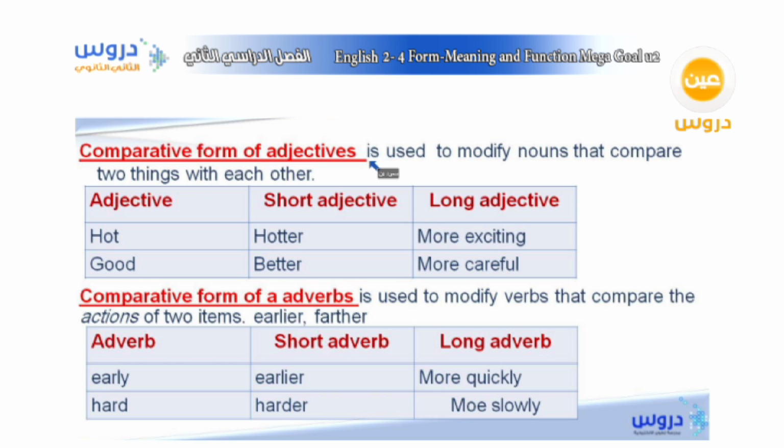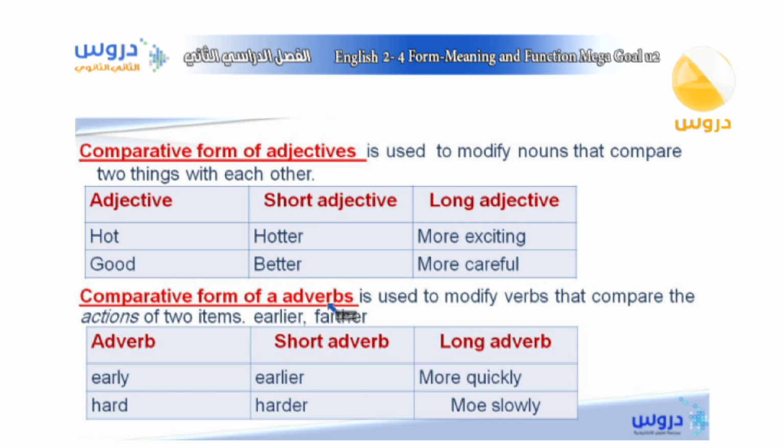Okay, the comparative form of adjectives is used to modify nouns and compare two things with each other. We have adjectives here, for example, hot, good. But when we use them for comparison, we say hotter, better. When we have long adjectives like exciting, we say more exciting, more careful, because these are long.